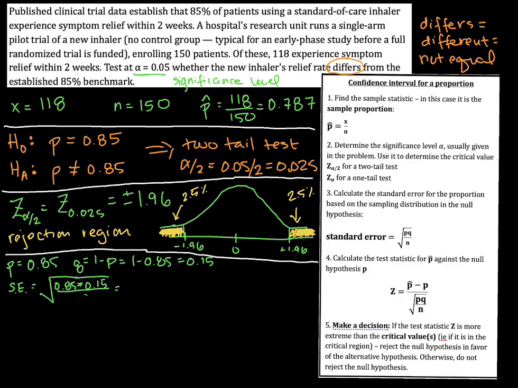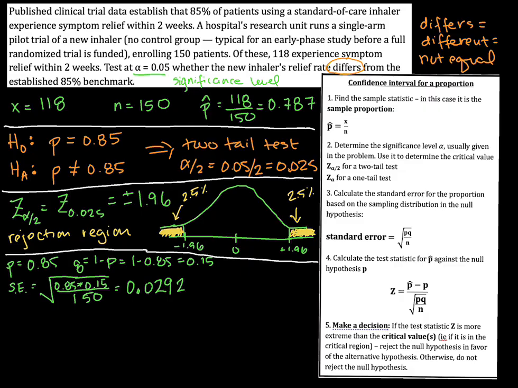It's the same n, because this is a sampling distribution for samples of size 150. So I divide that by 150 and take the square root, and I get 0.0292. So that's the standard error.